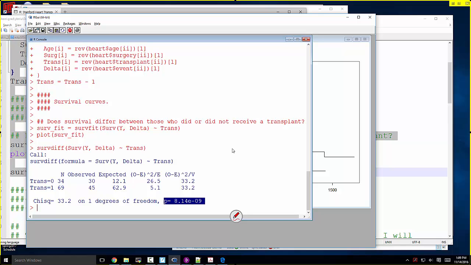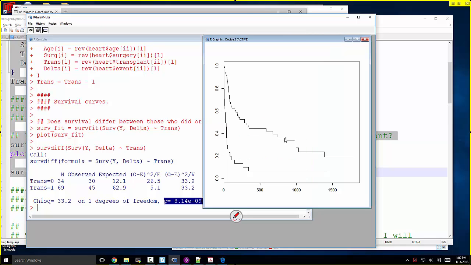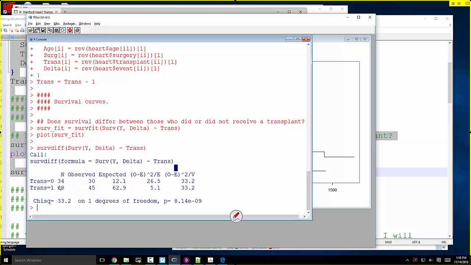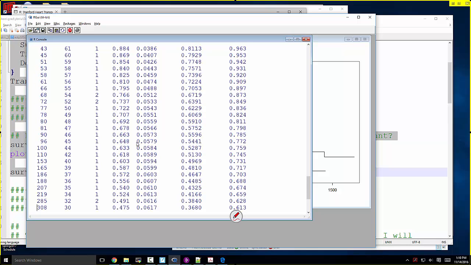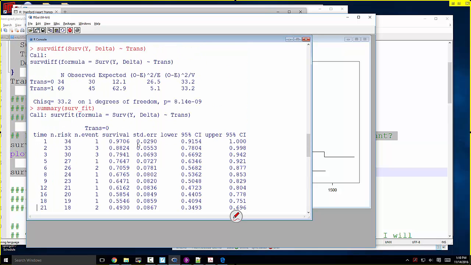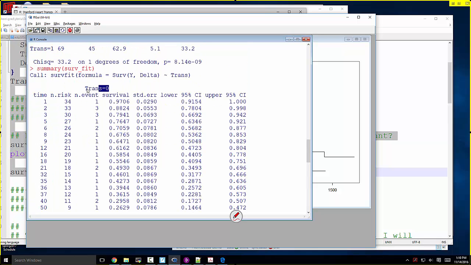Let me see if I can figure out which curve is which. So for transplant equals 0, these are people who did not get a transplant while they were in our study.